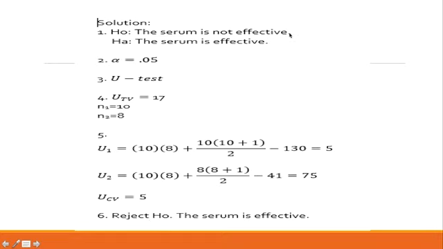And since the null hypothesis is rejected, we adopt the alternative hypothesis, and we can say that the serum is effective, which means that the mean of the treatment group is not equal to the mean of the no treatment group. And that is how to do the hypothesis testing using the Mann-Whitney or simply the U test.